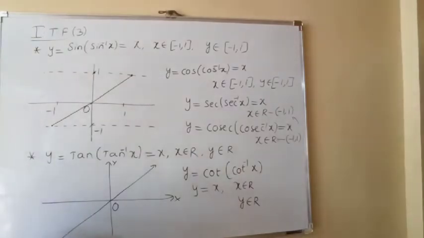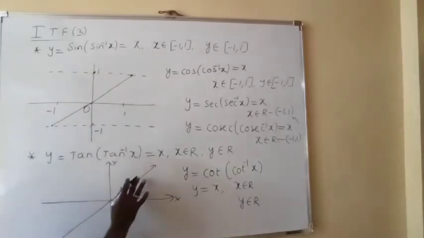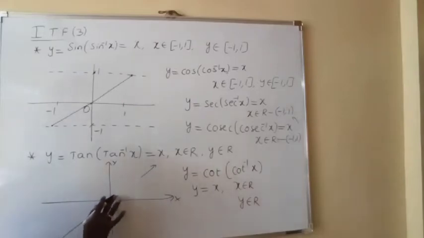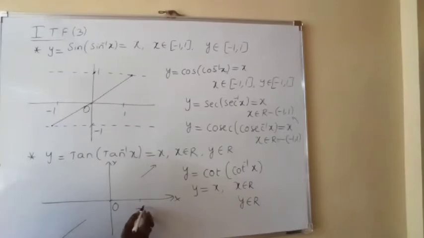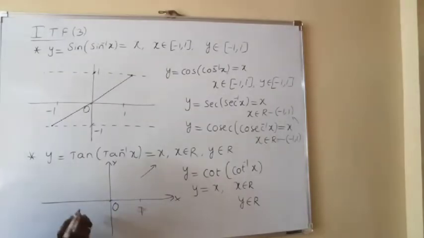So to get the graph of secant of secant inverse x or cosecant of cosecant inverse x, just draw the y is equal to x straight line after 1 and before minus 1.